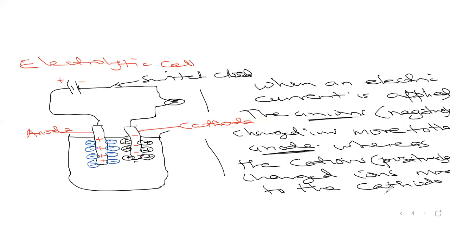I want you to note this. Cations, cathode. That's where they do move. So that's the theory on which electrolysis depends, what we call the theory of electrolysis.